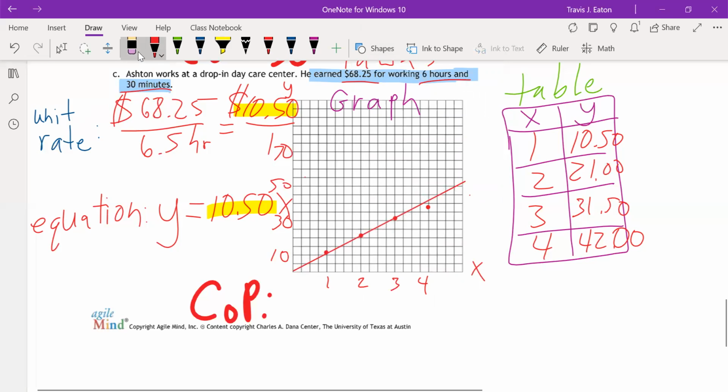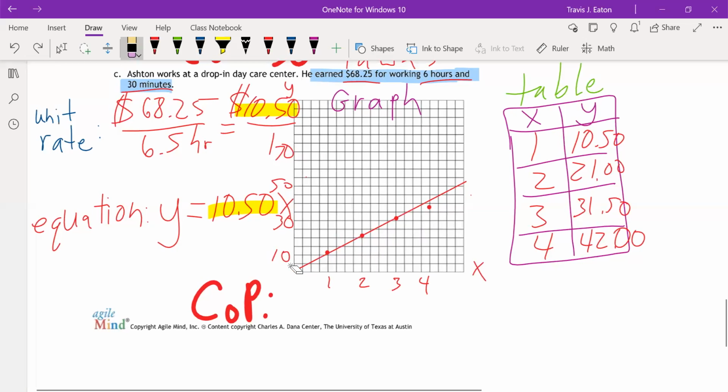This dot here, whoops, sorry about that. This dot should have been on my 1, 2, 3, 4. There. Okay. Whew. And there you have it.